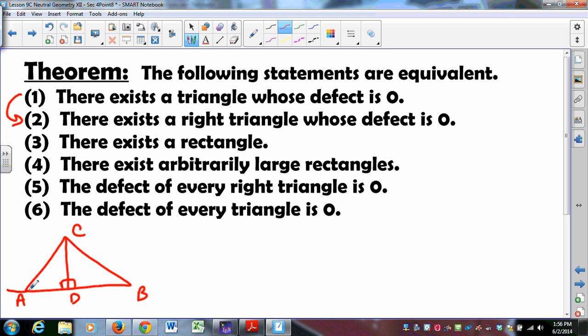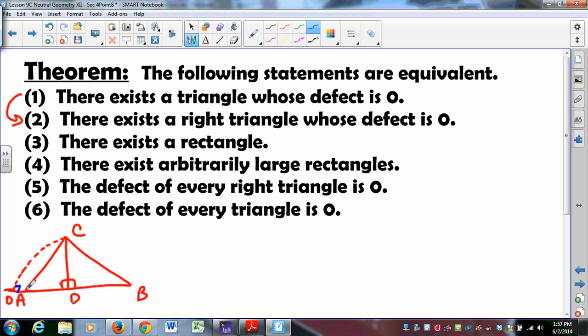If we were to extend ray BA, if we were to put D somewhere out here, if we were to draw the perpendicular out there, then we would have a right angle out here, which is greater than, no, not true. The exterior angle theorem gets blown.